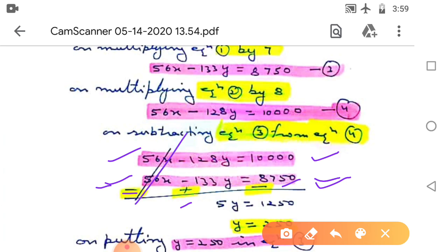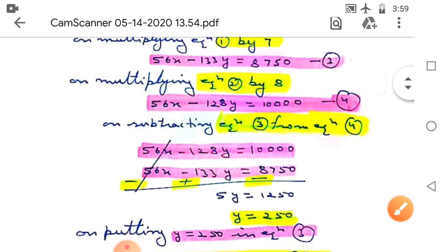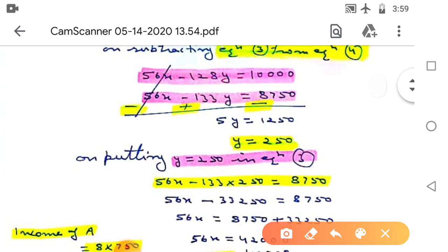So we have minus 128y and plus 133y, so it becomes 5y, and here 1250, and now the value of y comes 250. Clear?